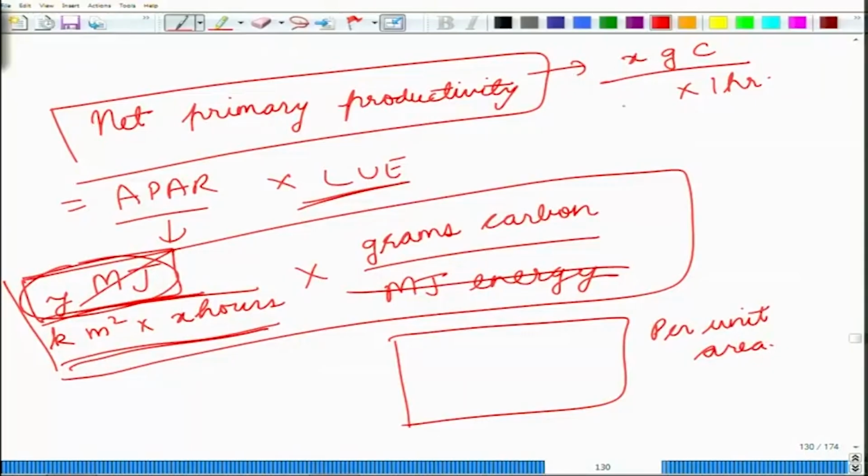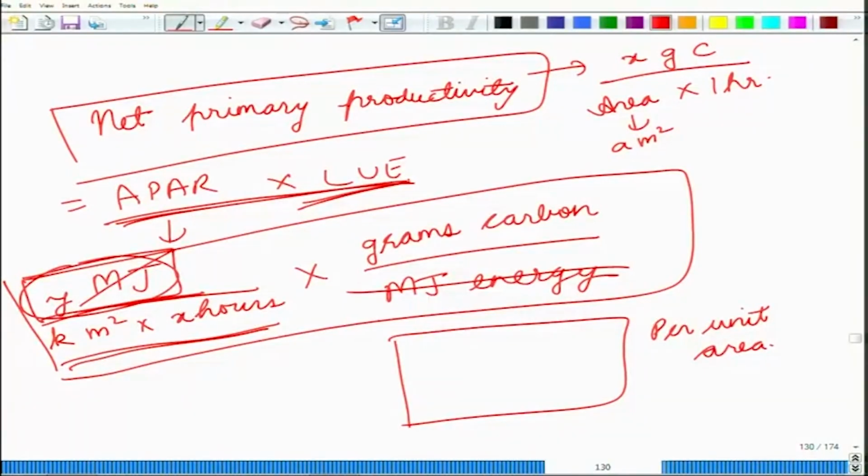So, in this equation, this was in an area of say a square meters. In that case, the net primary productivity is given by the absorbed photosynthetically active radiation multiplied by the light use efficiency.